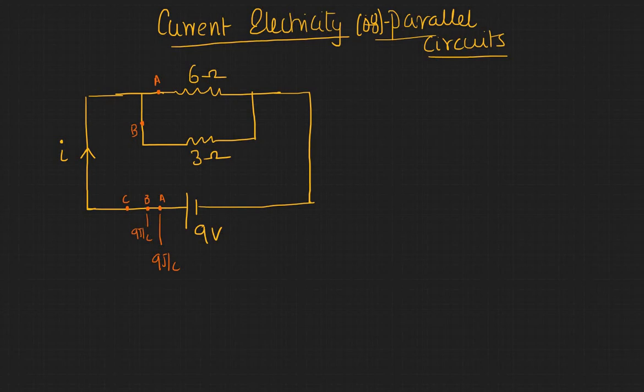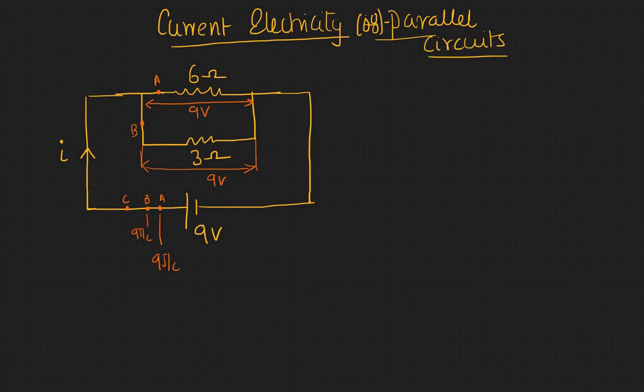9 joules. So I can say that the potential drop across this will be 9 volts, and the same will be across the 6 ohm, because for both A and B, it is 9 joules per coulomb, and if you assume 1 coulomb, then 9 joules.